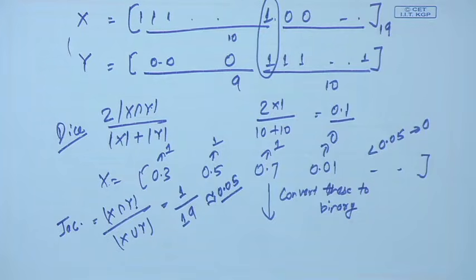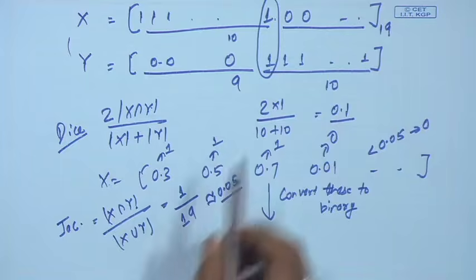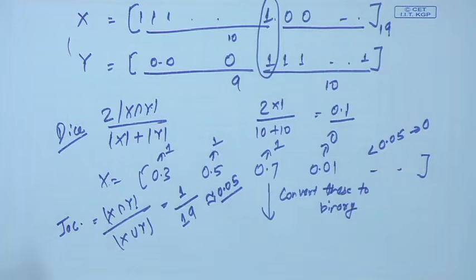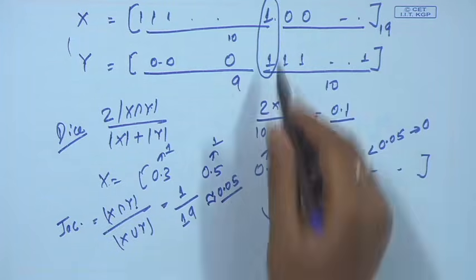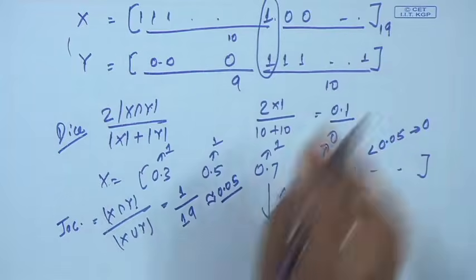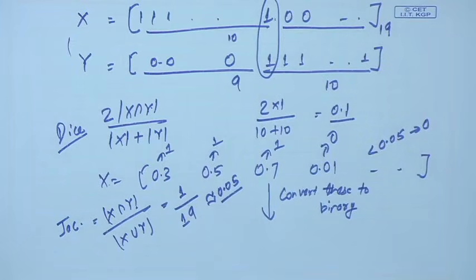Okay. So why is that? So you are seeing here, if there are very small number of shared entries, Jaccard further penalizes. Okay. So that's what you are seeing here. There are only one entry common among 20, so Jaccard is giving further penalty.